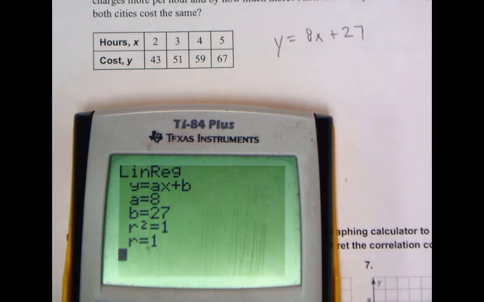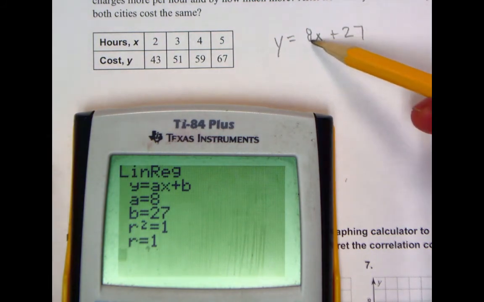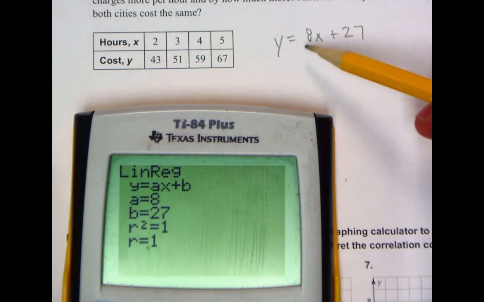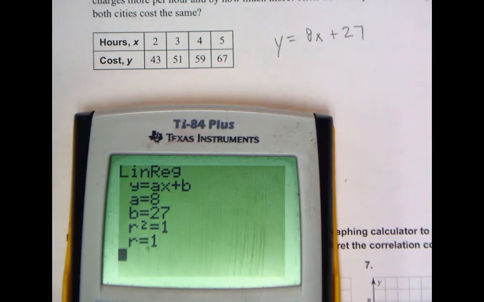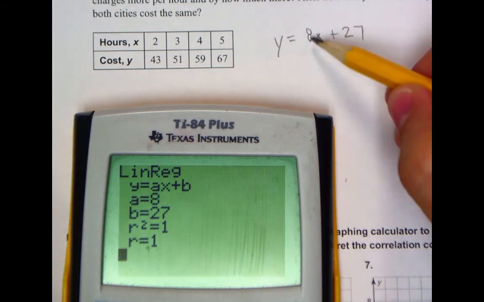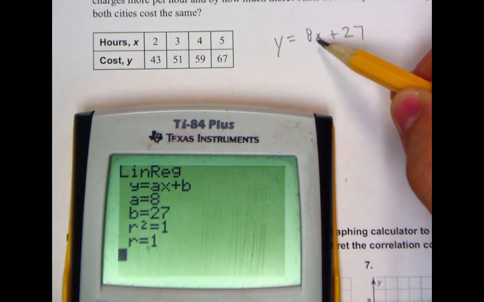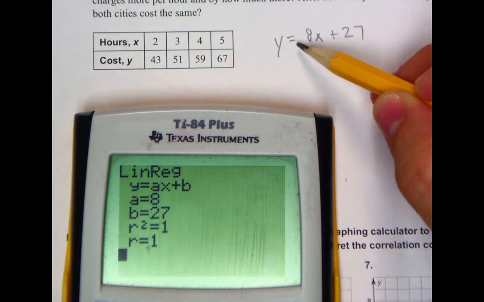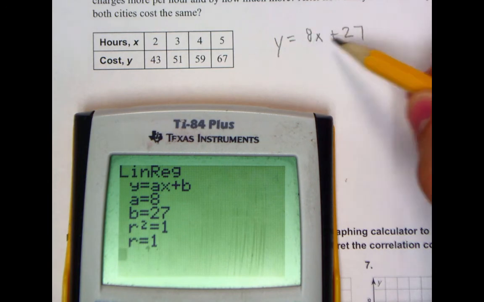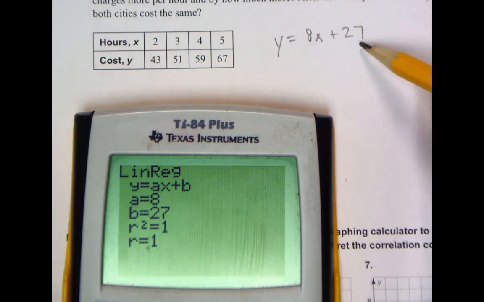So we can make some interpretations. Basically, what this is telling us, since we're talking about parking in a parking garage and staying in there a certain amount of hours, we can assume that because this is the slope, that this represents the rate, which means that however many hours we park in there, it's going to be $8 per hour. The 27 being that this is the y-intercept.